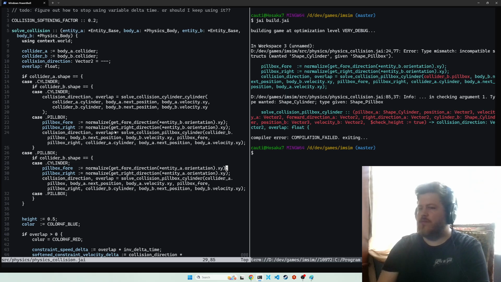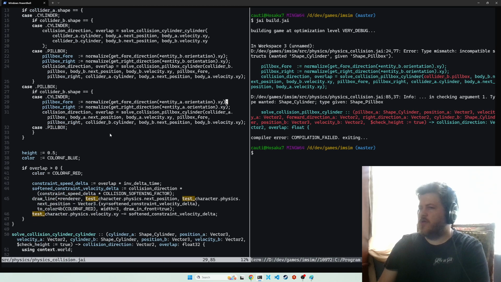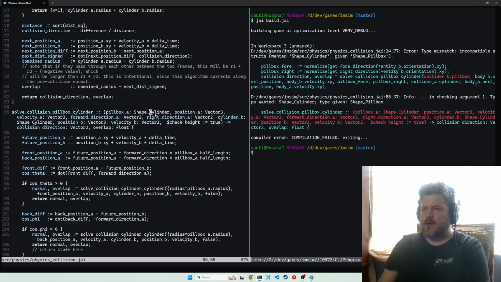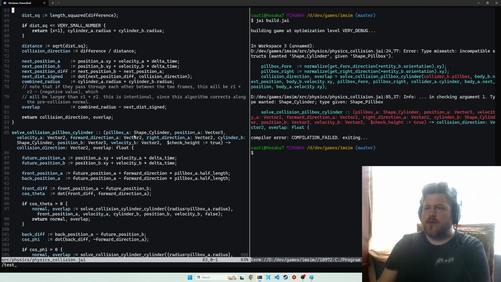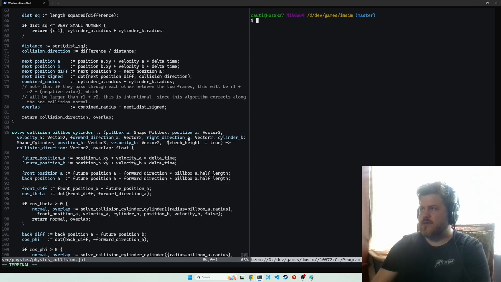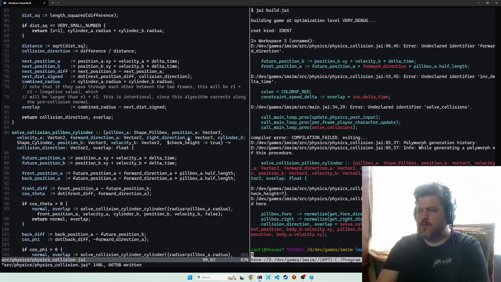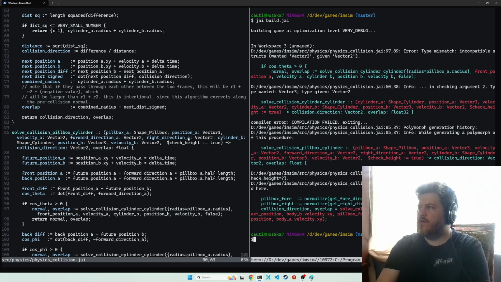Pillbox cylinder. Let's see. Yep. It should be pillbox. Method identifier forward direction in this. So forward direction. Okay.